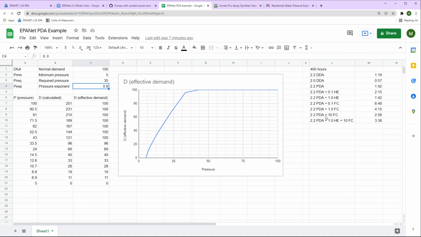Down below here, again, I showed this earlier. This was the pressure dependent analysis plus some of the additional criteria.